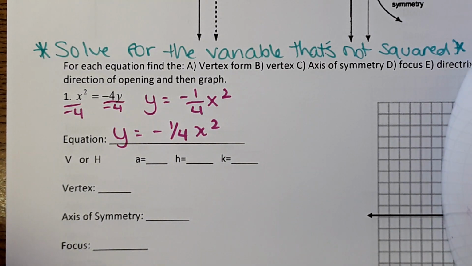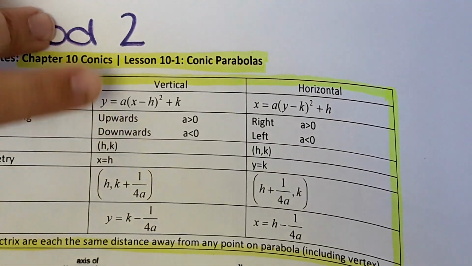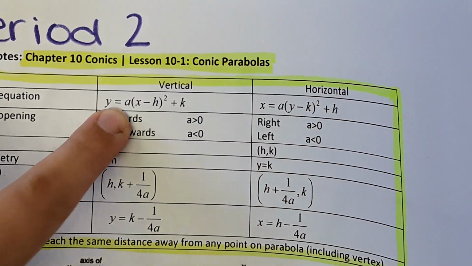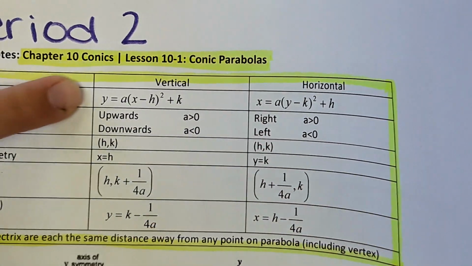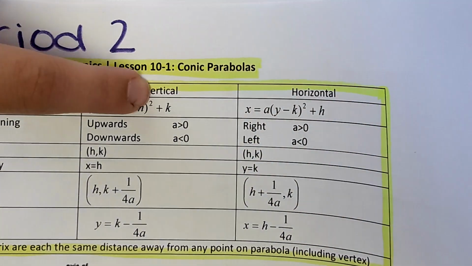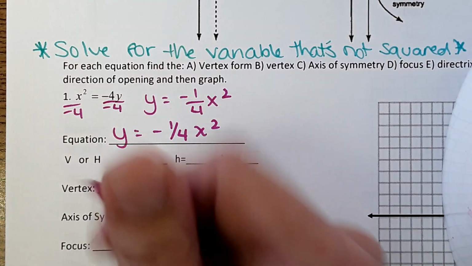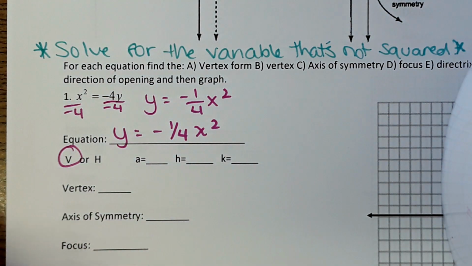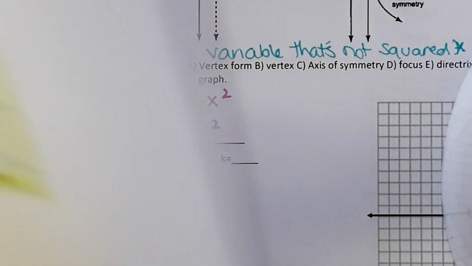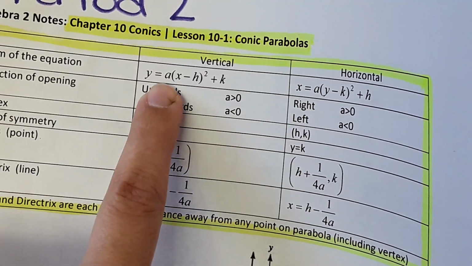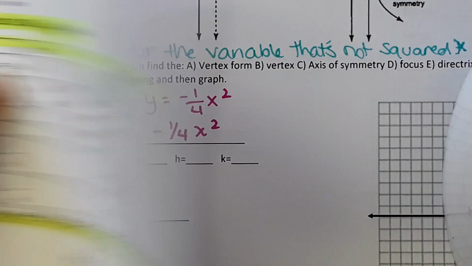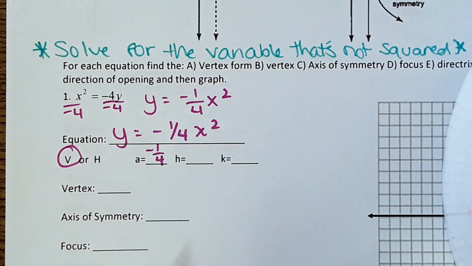Okay, then from there, it's a y equals equation instead of an x equals, so it's either going to be y equals or x equals. If it's y equals, then it's vertical, so you'll just circle V for vertical. Then here our coefficient is a, and so a is negative 1/4.